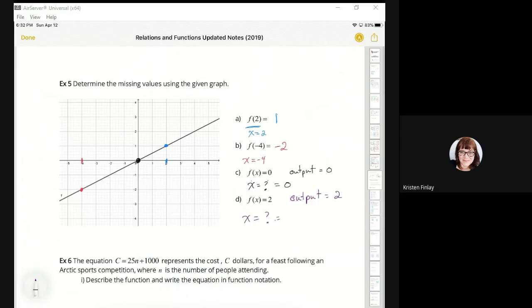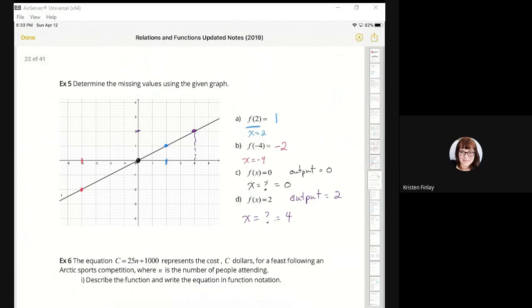So looking here, if my output is 2, so that's up here, that means I'm over here. So my x equals 4. So it's just using the graph to help you find and really clarify for yourself whether you've been given the input or the output, whether you've been given the x value or the y value.